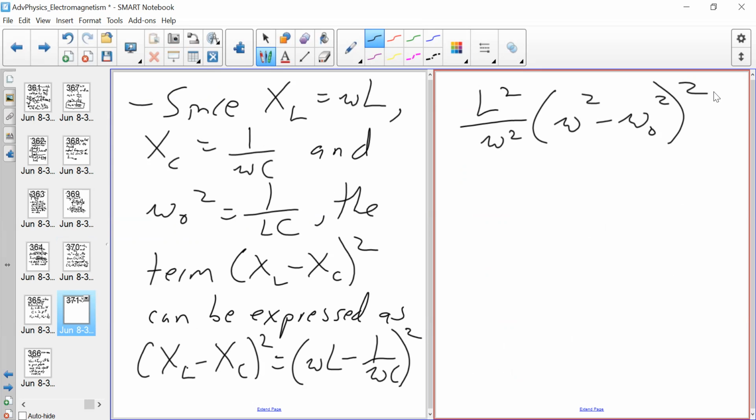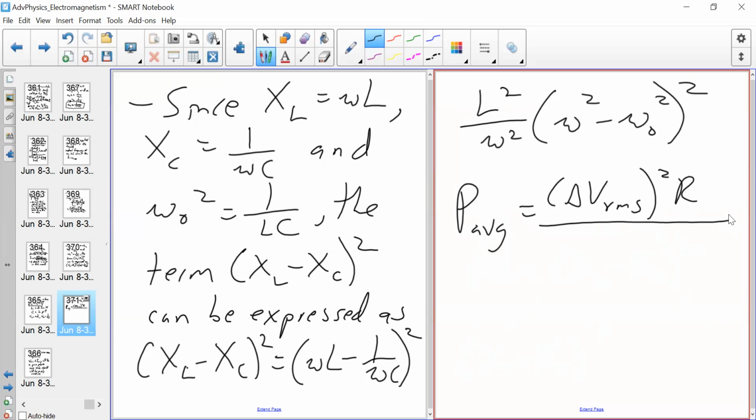So that is what we put, now in terms of the resonant frequency, into our impedance expression. And that in turn makes the average power delta V RMS squared R. As an exercise, you obviously don't have to, but you can make sure this reduces to this XL minus XC, see it for yourself.